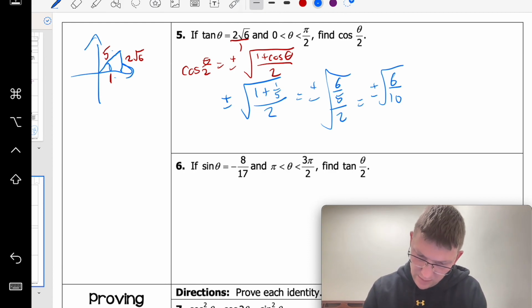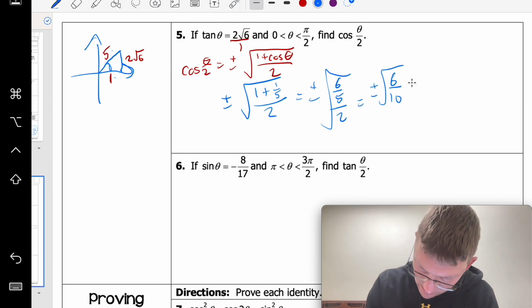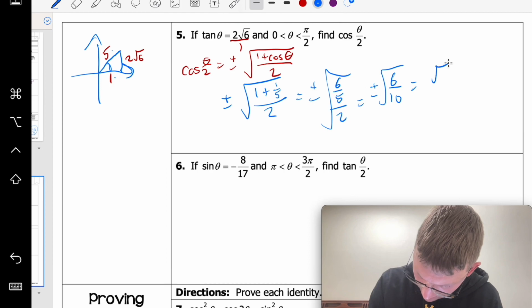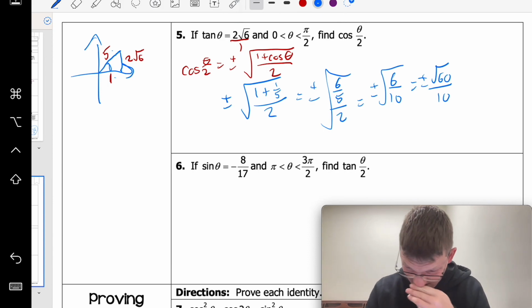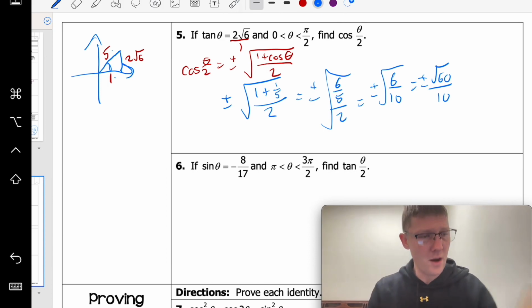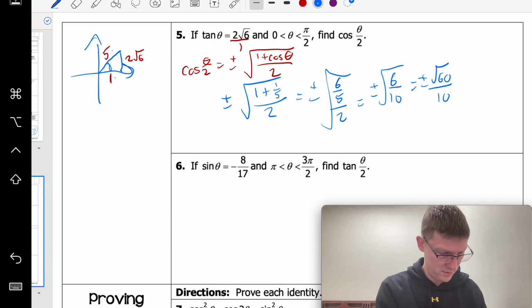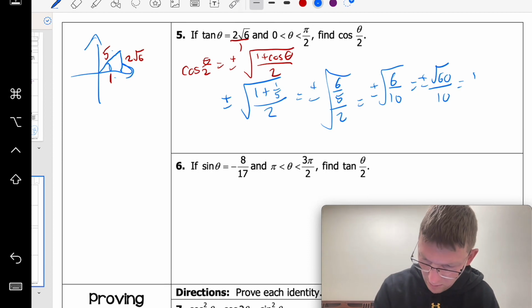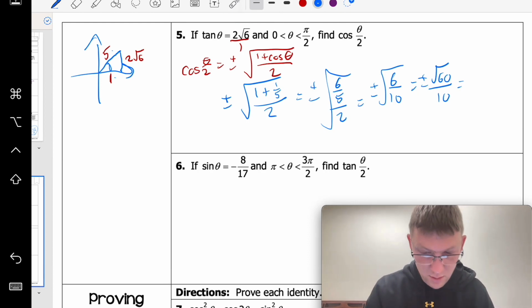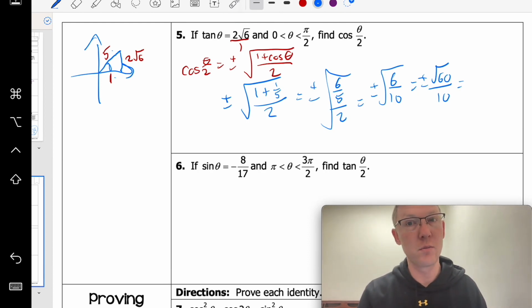I don't think anything comes out of 6, but something's going to come out of 60, so whatever. So we got square root of 60 over 10 plus or minus. And then, let's see here. I don't know, a 4 comes out of 60. Actually, I don't need to write plus or minus anymore. Why don't I need to write minus?